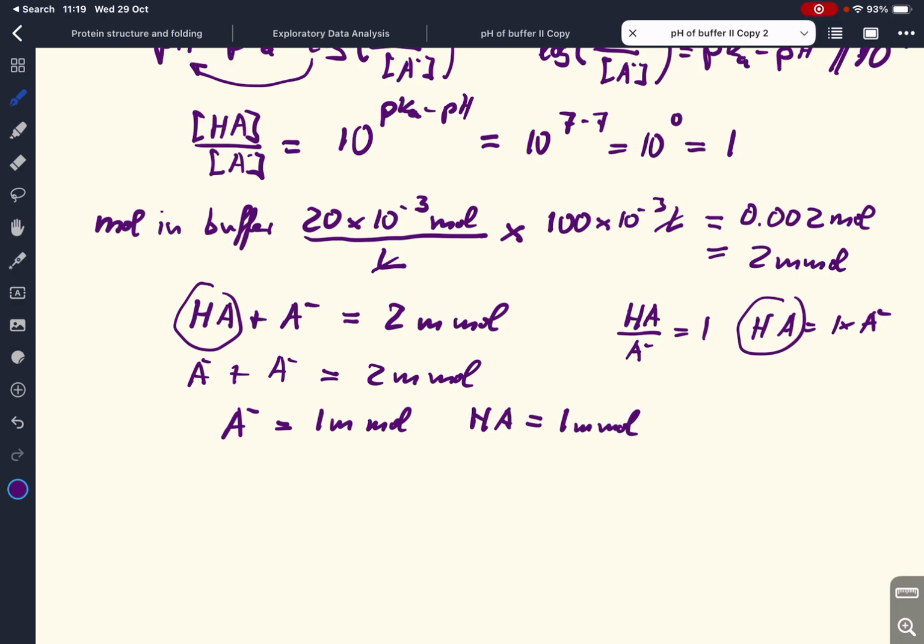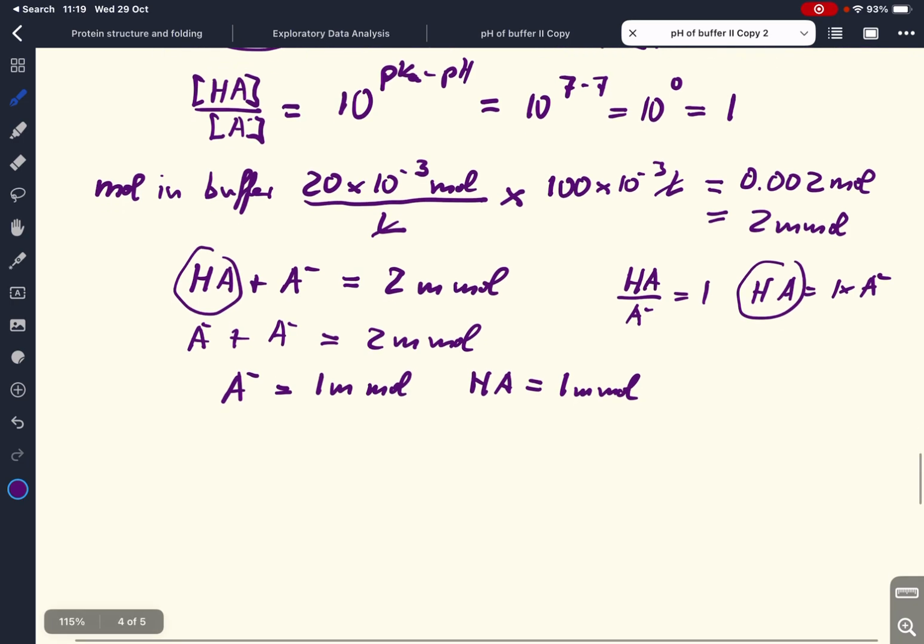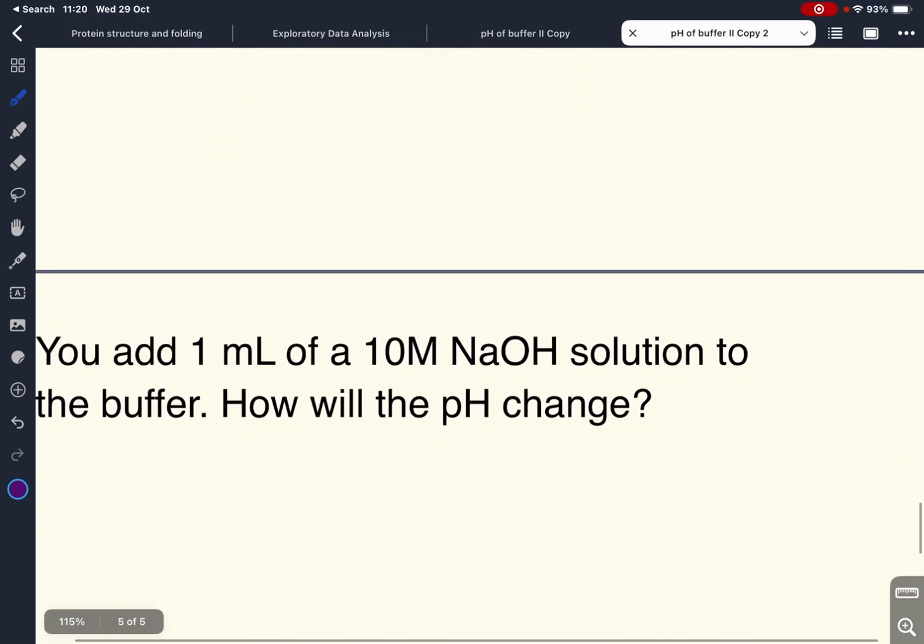And together they give us the total amount of 2 millimole, and it's the right ratio that we have. Okay, so we've got 1 and 1 millimole of acid and base.